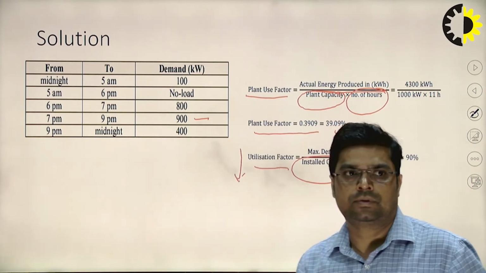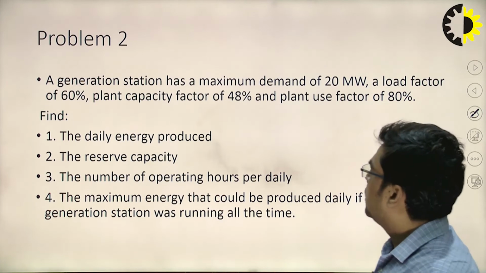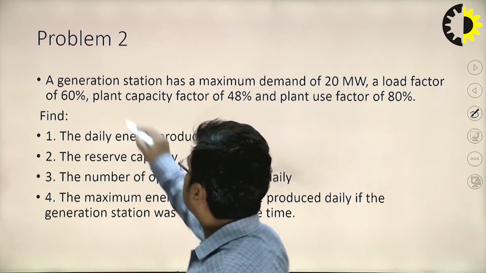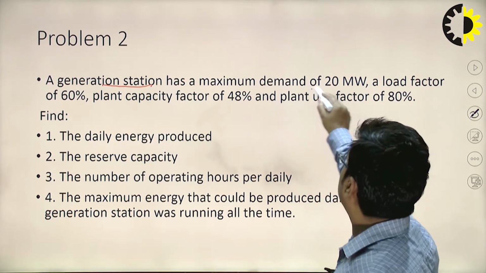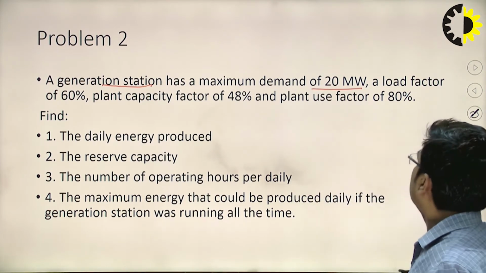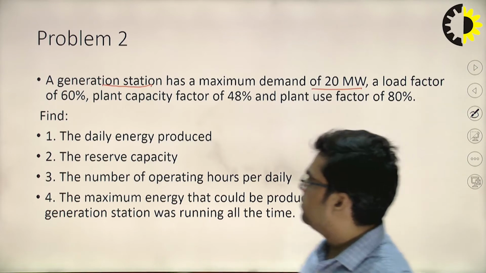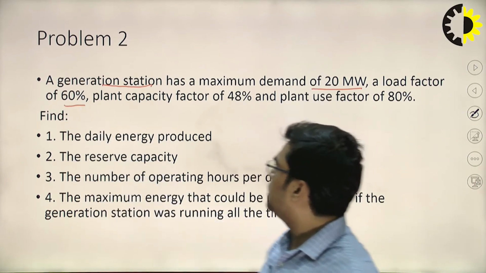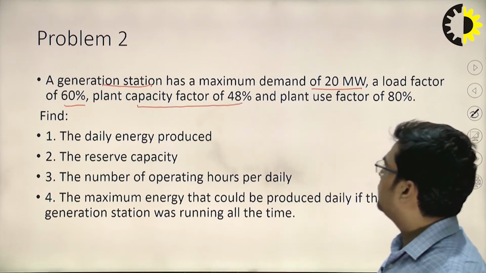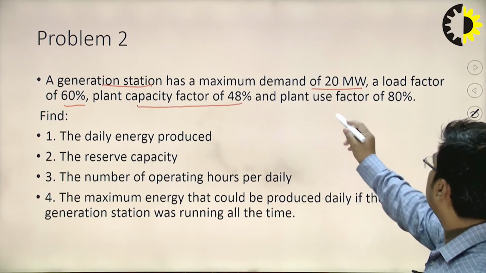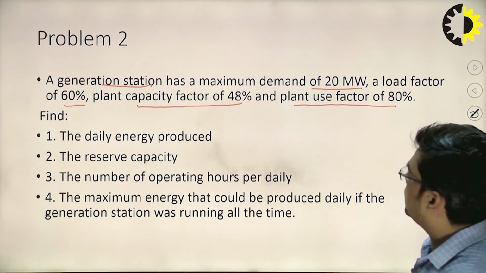so the utilization factor is always less than 1. Now another problem: in a generation station the maximum demand is 20 megawatt, the load factor is given as 60%, the plant capacity factor is given as 48%, and the plant use factor is 80%.